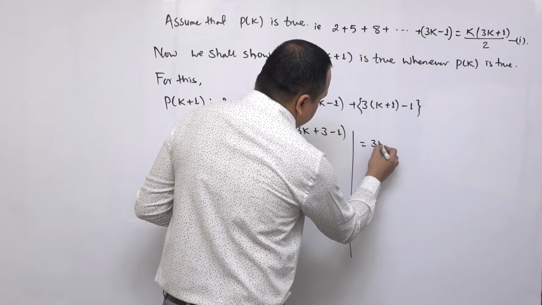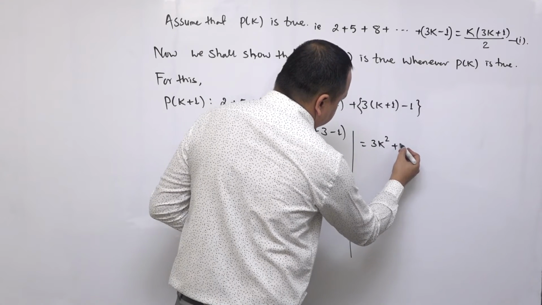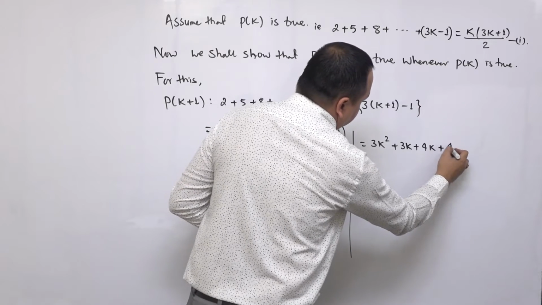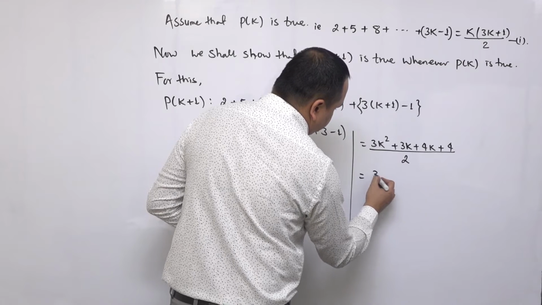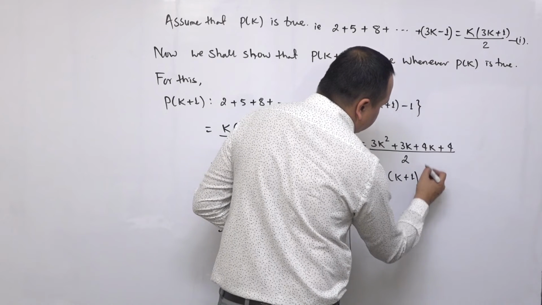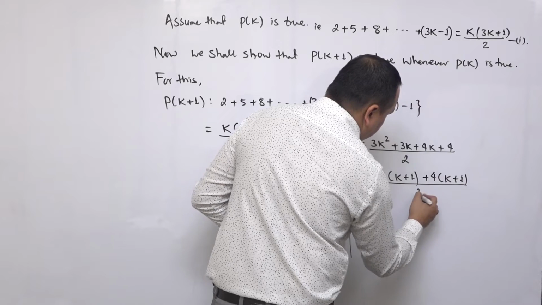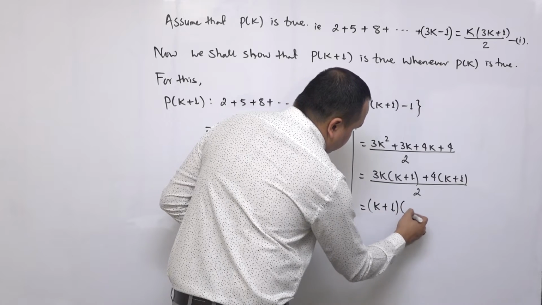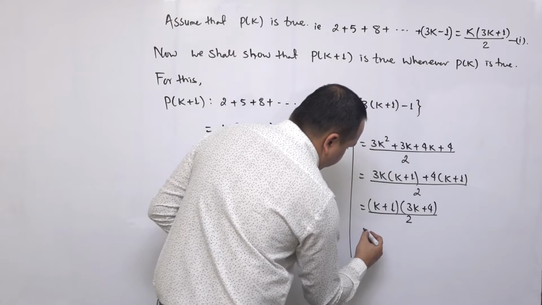This is 3k square, and here 7k is 3k plus 4k. 3k square plus 3k plus 4k plus 4 divided by 2. 3k is common, the k plus 1 plus here 4 is common, k plus 1 divided by 2. k plus 1 is again common, 3k plus 4 divided by 2.